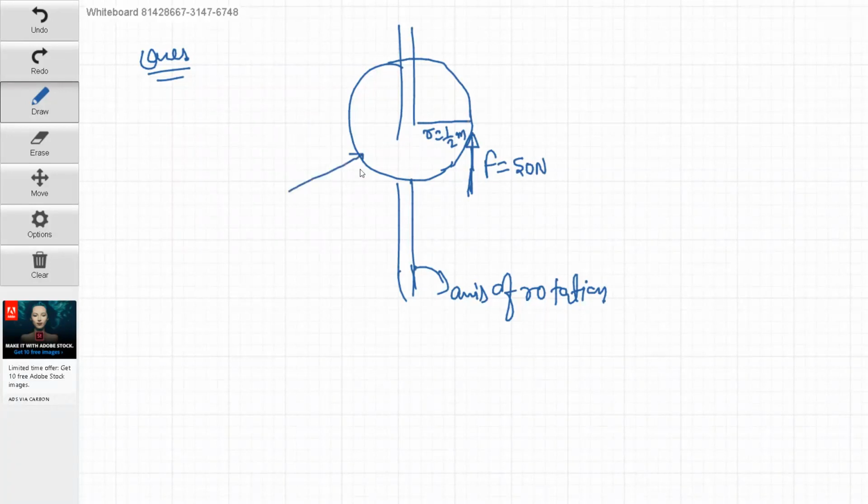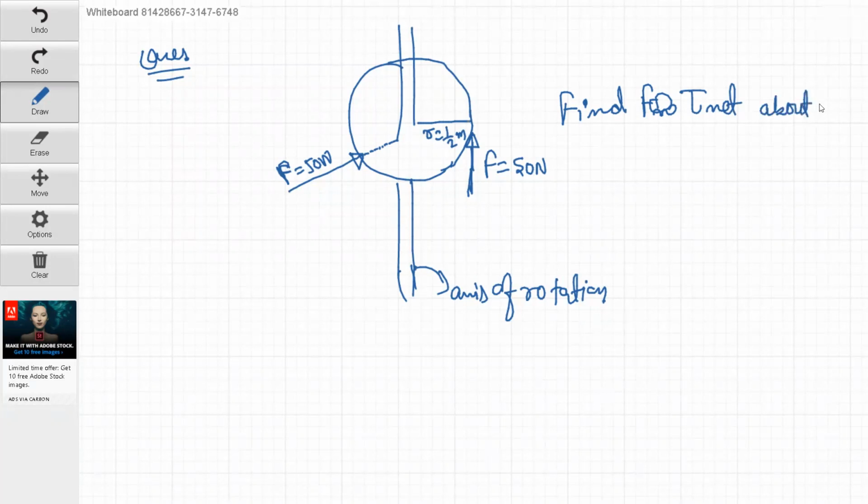Another force of 50 Newton is going through the center, isn't it? And find the net torque about the center, or about the axis. Do it fast.